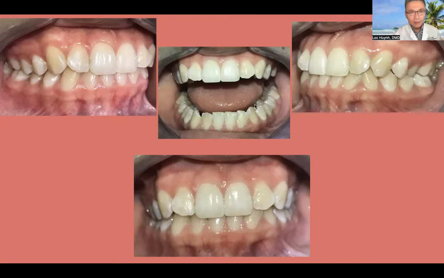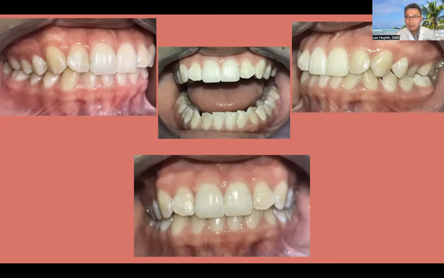Now, it's not too bad, isn't it? You know, this case is almost perfect, but you can look at it this way. Look at the angle of the lingual inclination and super eruption of the lower incisors causing a deep bite. And what does that mean?